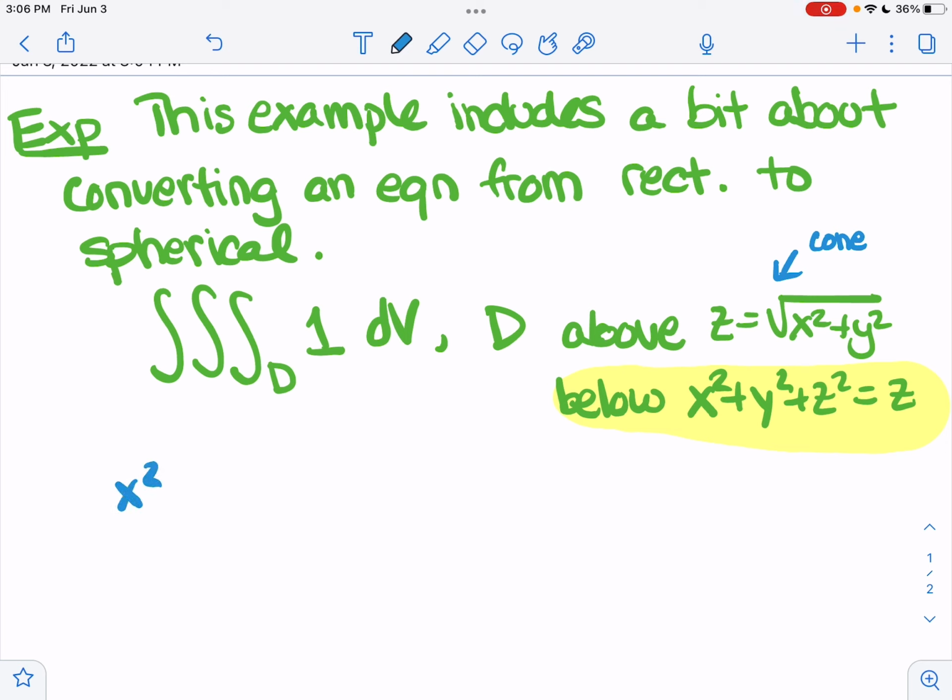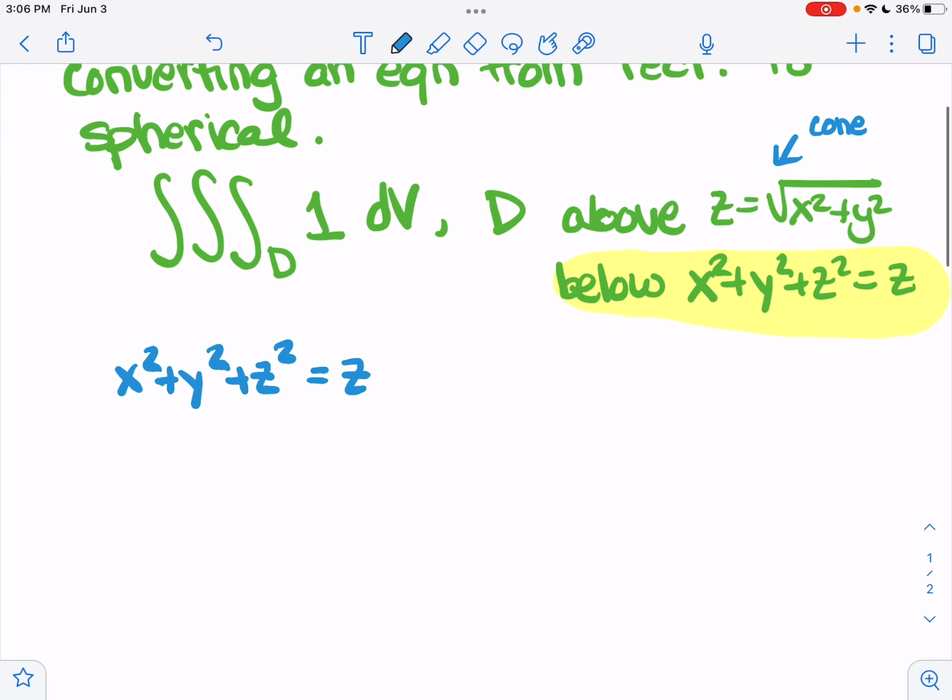x squared plus y squared plus z squared equals z. In spherical coordinates, x squared plus y squared plus z squared is rho squared. And z in spherical coordinates is rho cosine phi.